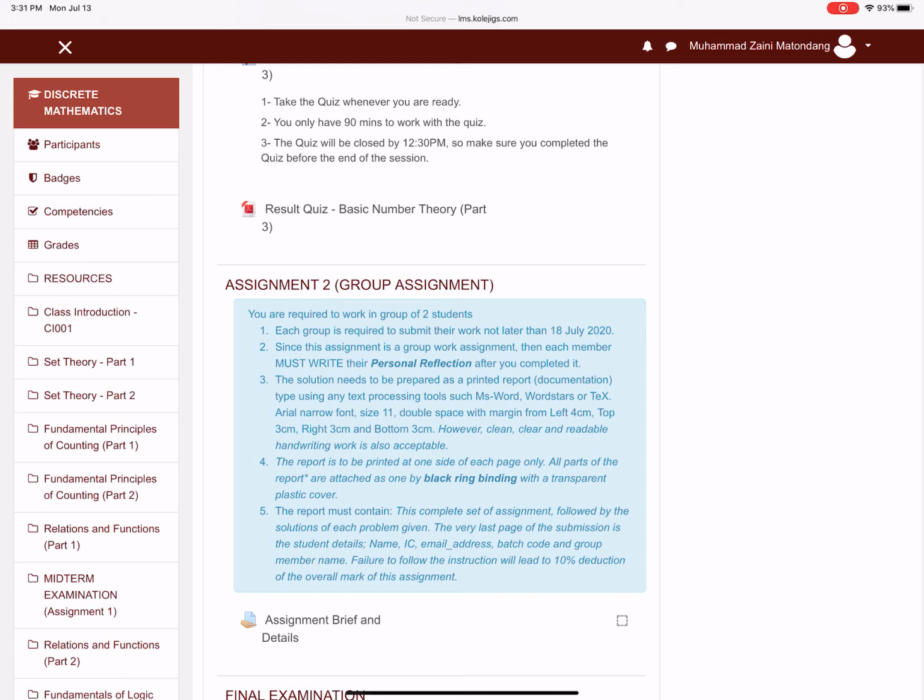So submit the soft copy before 5 p.m. and then the hard copy also you must submit before 5 p.m., put in my pigeonhole. Alright. So once you submit, the following week I'm going to review the assignment 2 so that you can see all the solutions over there.